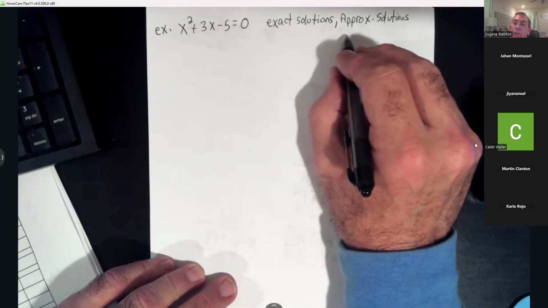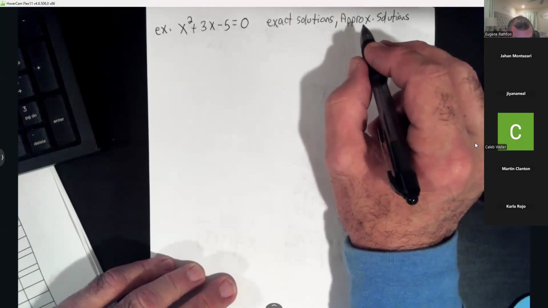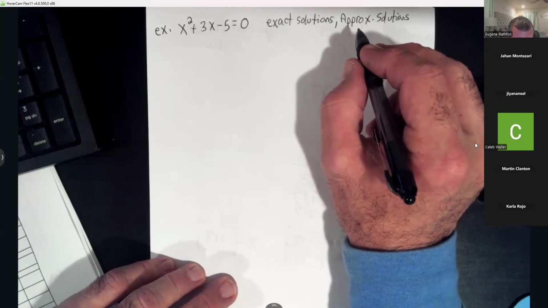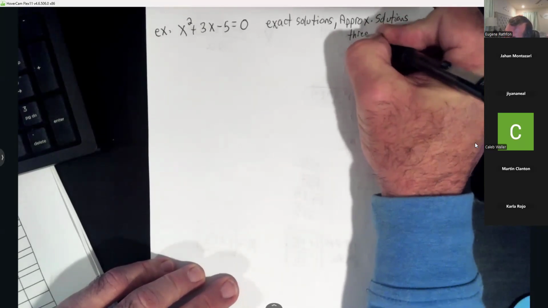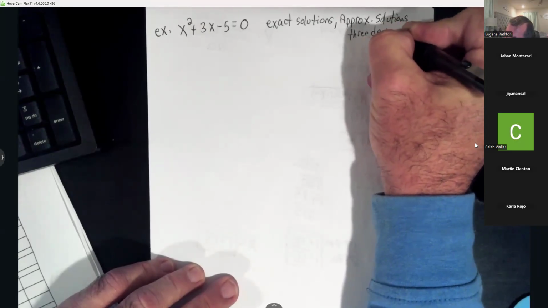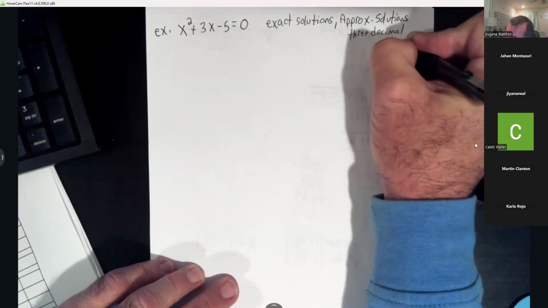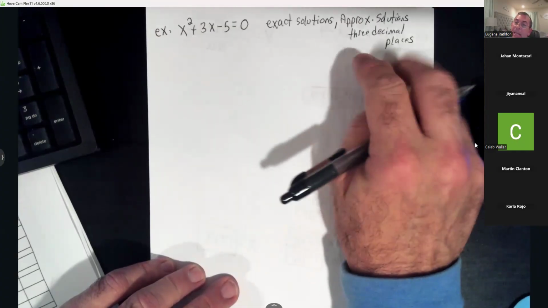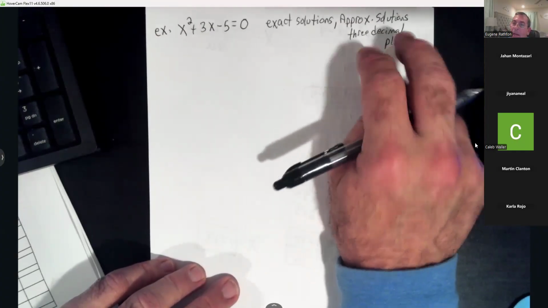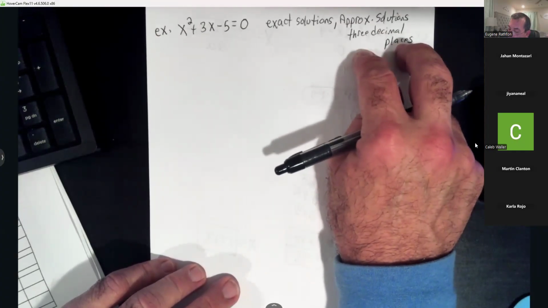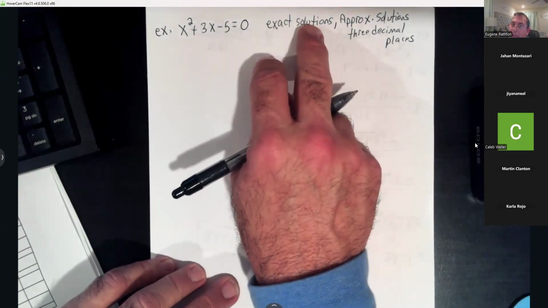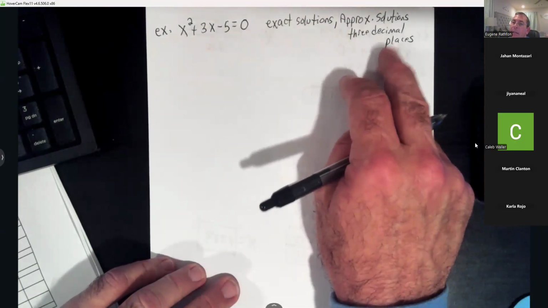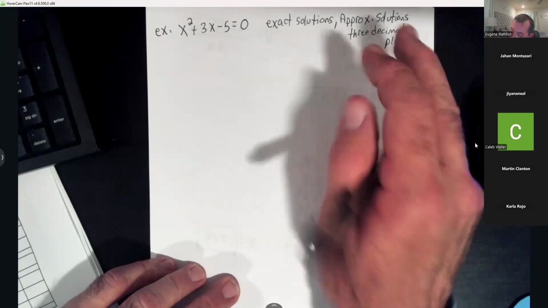So approximate solutions would be decimal answers. And let's see, they want me to go 3 decimal places. And y'all, sadly, this is where you got to have a calculator to do this approximation, okay? So first, let's solve it. We'll get our exact answers, and then I'll show you how to get these approximations.